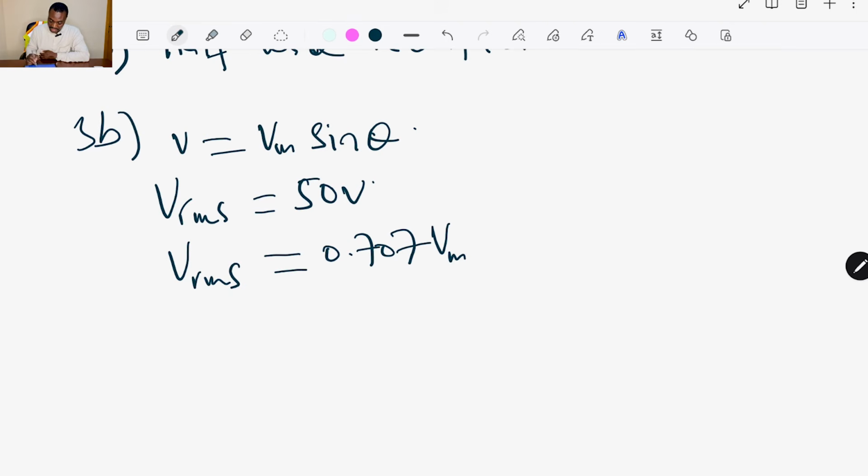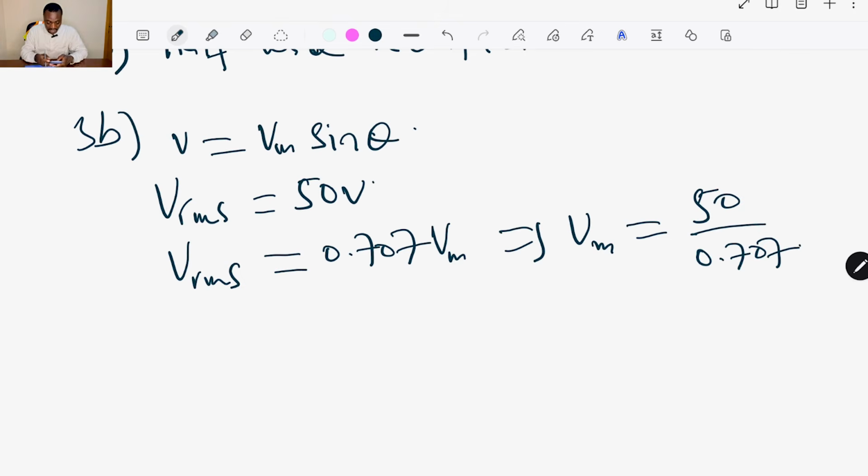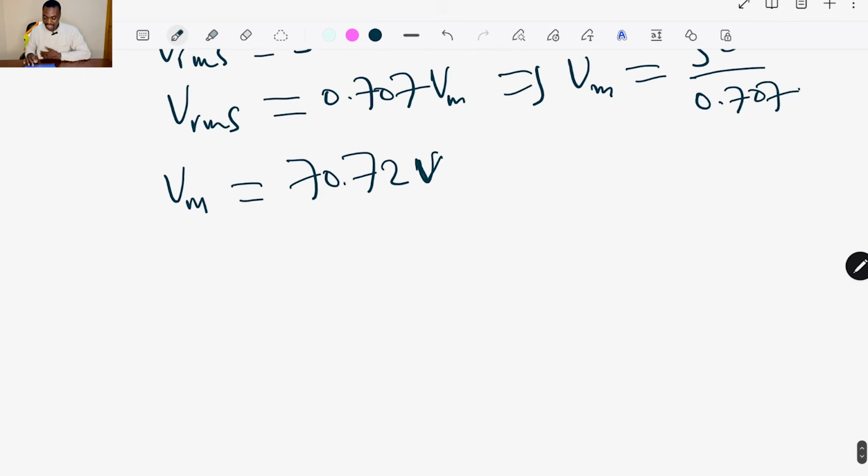So we make the maximum voltage the subject: 50 over 0.707. 50 divided by 0.707 gives 70.72 volts. So we have this as our maximum.